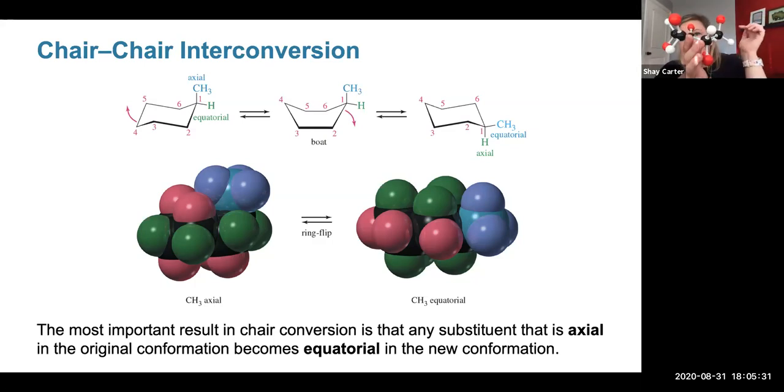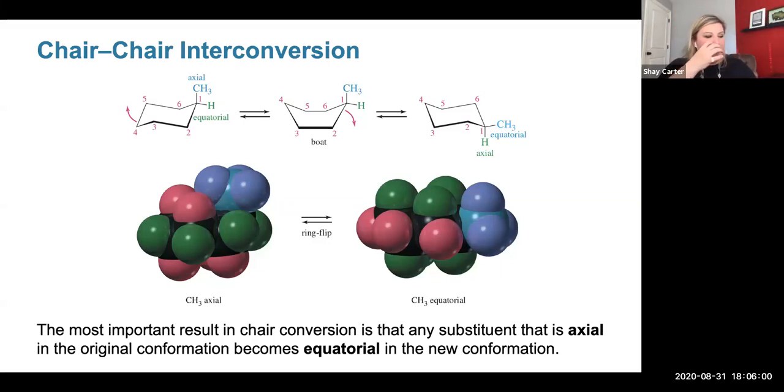And when I do this ring flip, then my red hydrogens become axial and my white hydrogens are equatorial, sticking out in the plane, in the equator of the ring. Okay, so this is called a ring flip.